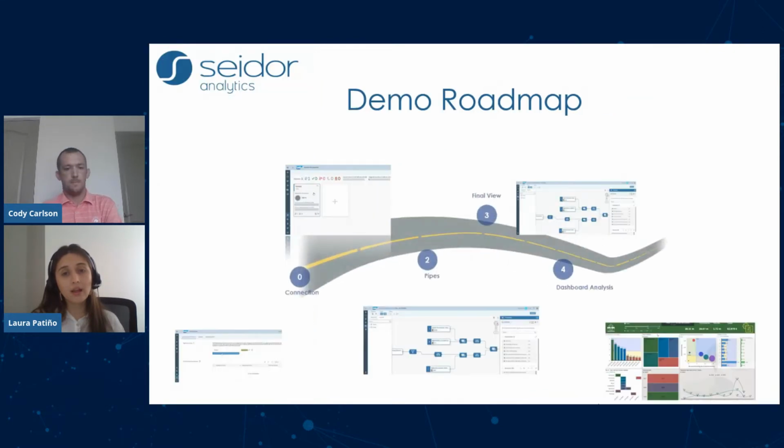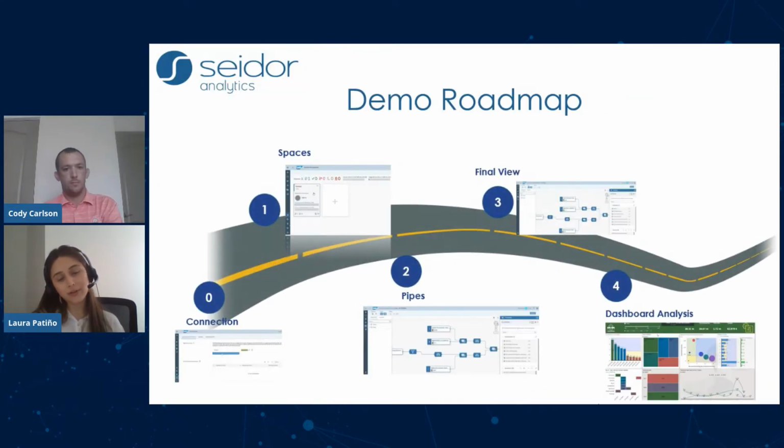So here is a roadmap for today's demo. The first two things we're going to be seeing in the demo are how to set up some connections and how to work using spaces. Spaces are a functionality from DWC where you can define different access rules, access levels, and you can have data governance.